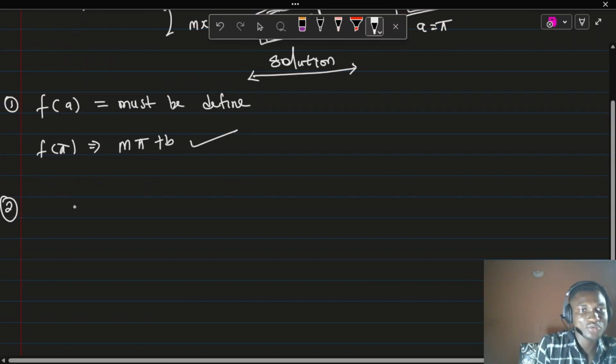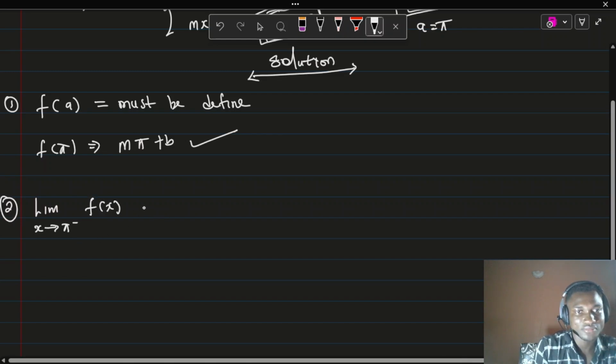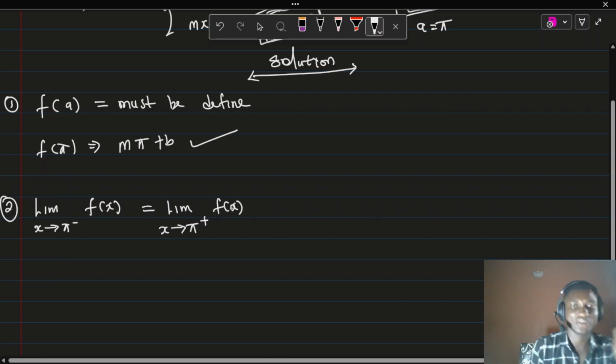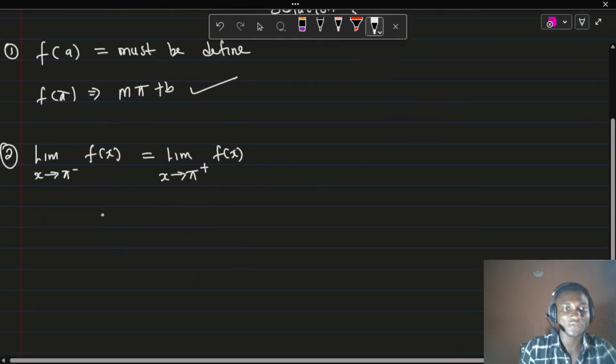Alright, the second step now. This is step 1. Now step 2 is that the limit as x approaches pi from the left hand side of f of x must be equal to the limit as x approaches pi from the right hand side of f of x. Now if we solve this and they are not equal, definitely this function here is not continuous.